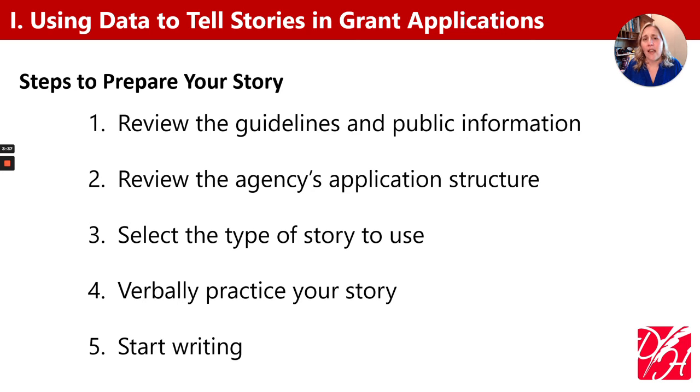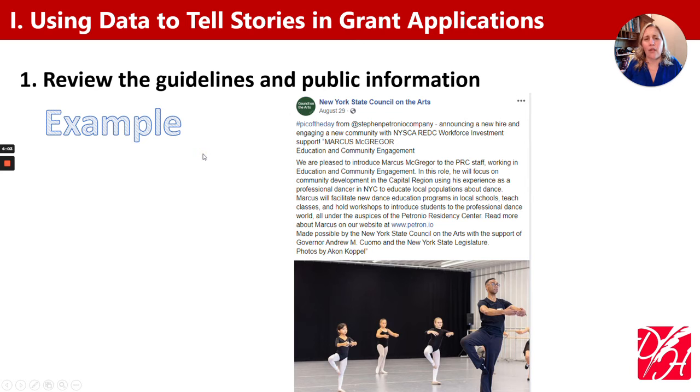We then look at the application structure to think about what do we have? Short, long spaces in which to tell our story and share the data. We'll be thinking about what types of stories we might utilize. We might even practice our story out loud to see how others react, and then eventually, finally, we would start writing.